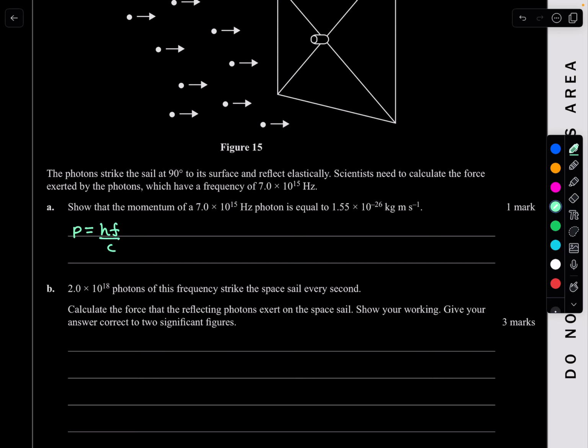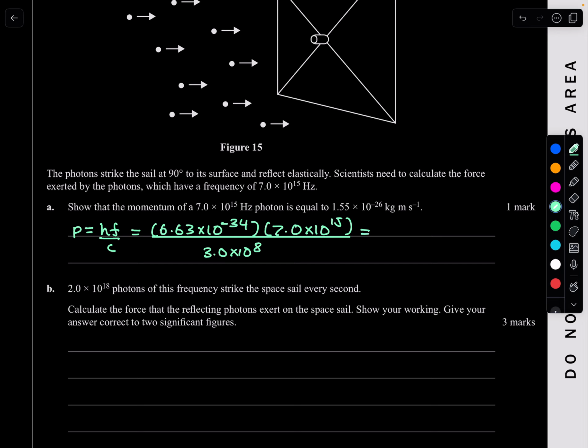So I can use this formula, which means that to get my momentum, what's my h? Look at my formula sheet. That's 6.63 times 10 to the power of negative 34. Your frequency is 7.0 times 10 to the power of 15, all divided by your speed of light, which is 3.0 times 10 to the power of 8.